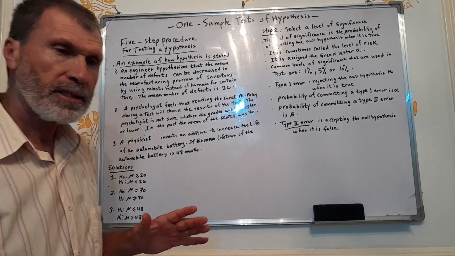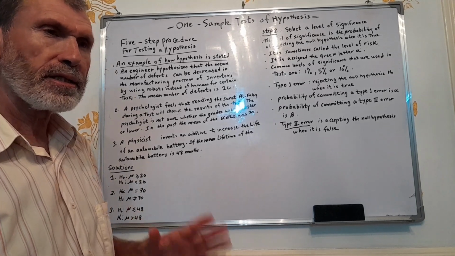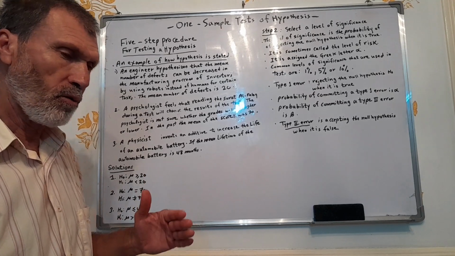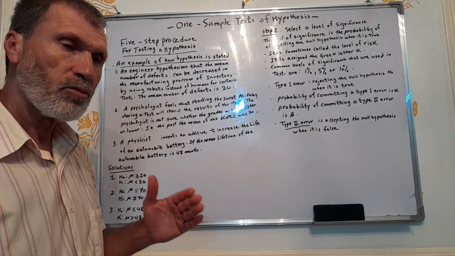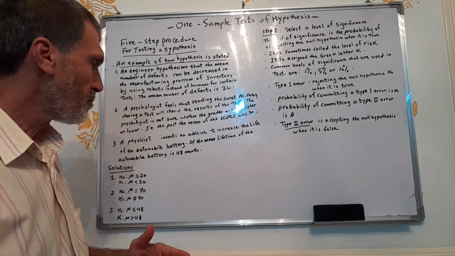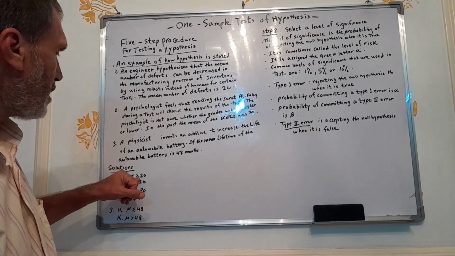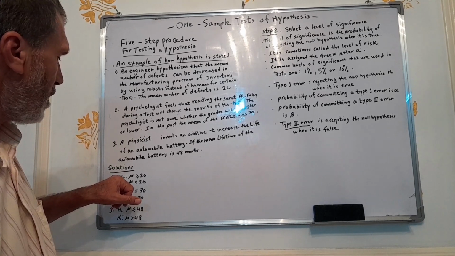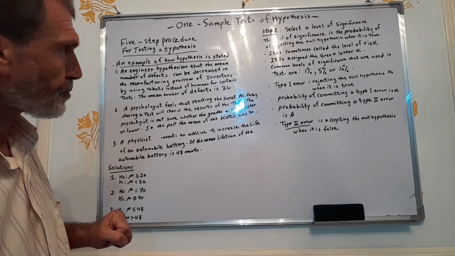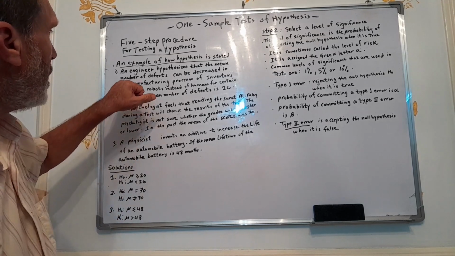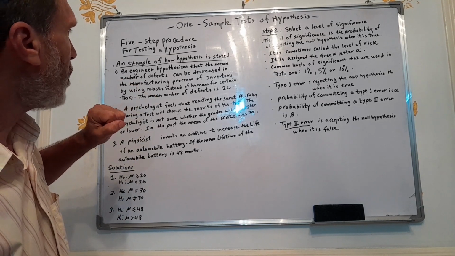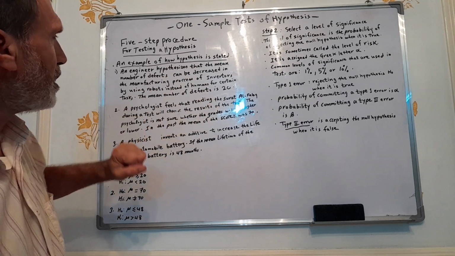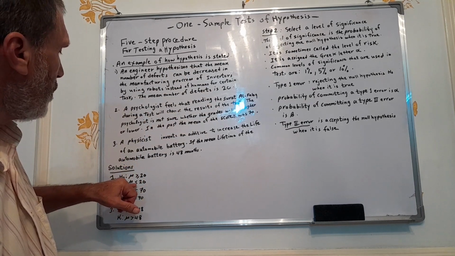Remember that the equality sign is always written in the null hypothesis. Always in the null hypothesis we have the equality sign. Now here we have the equality, greater than or equal to 20, and the alternate hypothesis is that mu is less than 20. This is how the engineer is hypothesizing about the mean number of defects. So he said it can be decreased, therefore the alternate is that mu is less than 20.